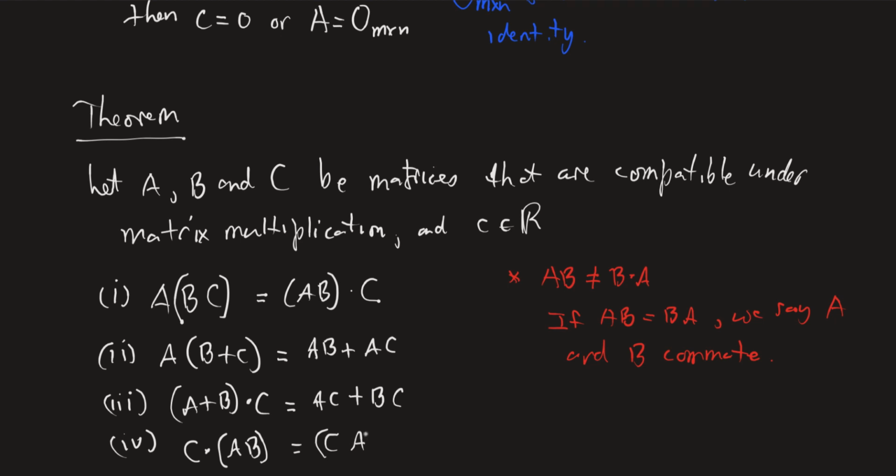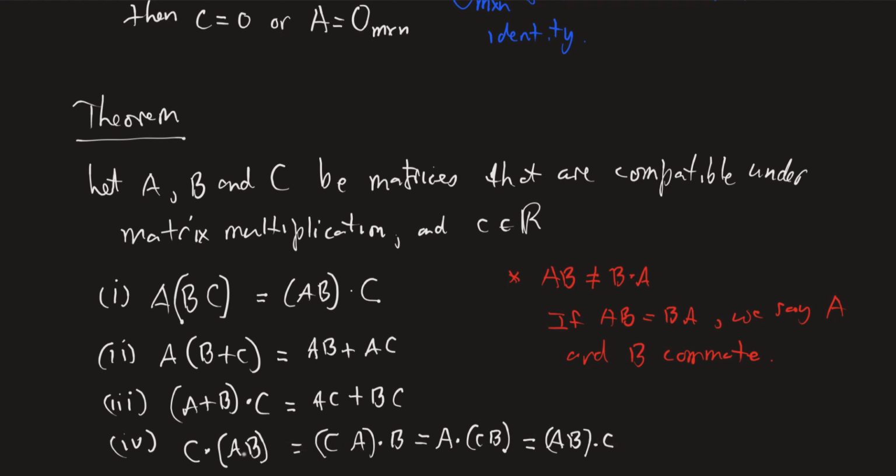CA times B will yield the same result. And then A times CB will also yield the same result. And in fact, we could take the constant and put it all the way on this side. So here's another version of it as well. If you wanted to do AB and then times C, that would also be true.